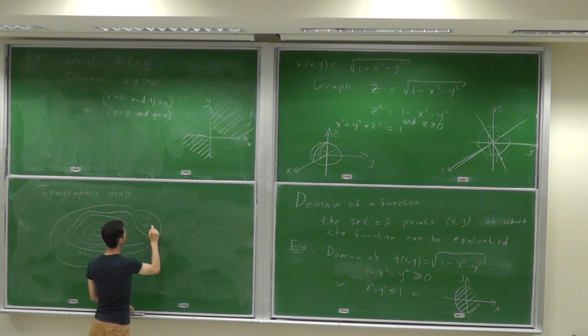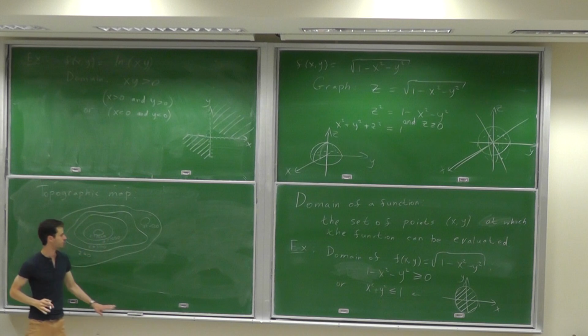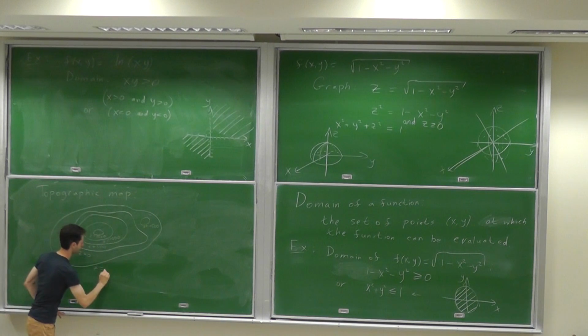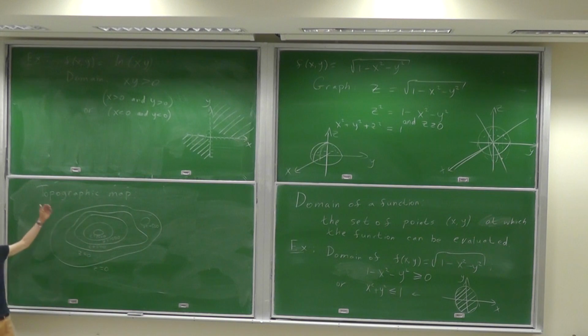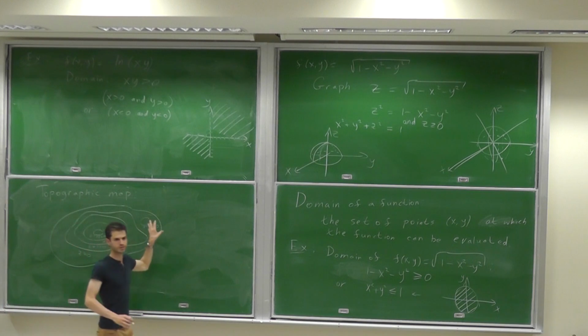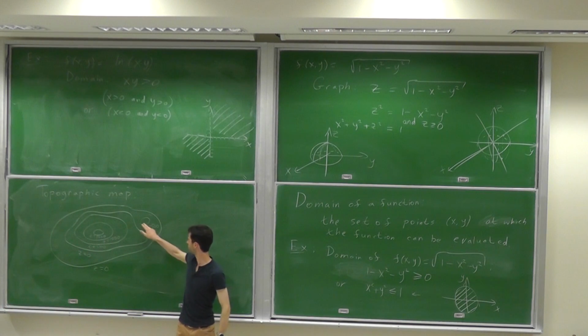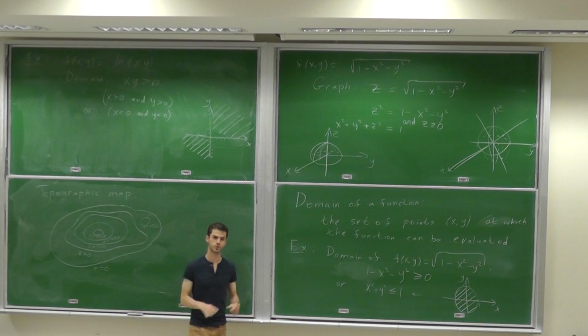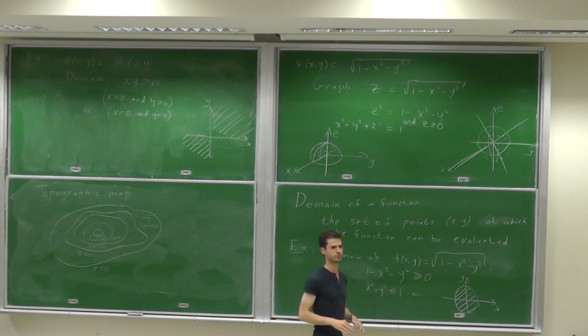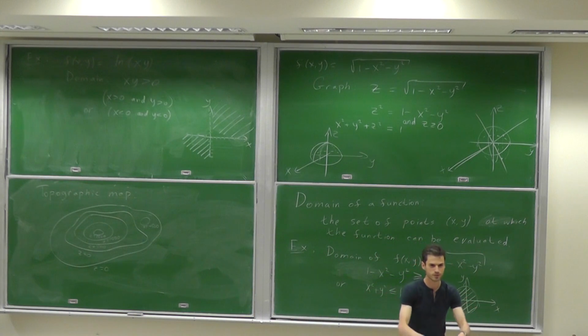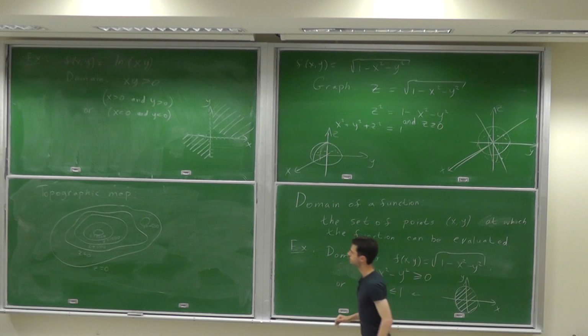Well, let's pretend it's a really steep lake. So here's a lake. On this map, here's the line on which the elevation is minus 500 meters. So it's some kind of such a surface.